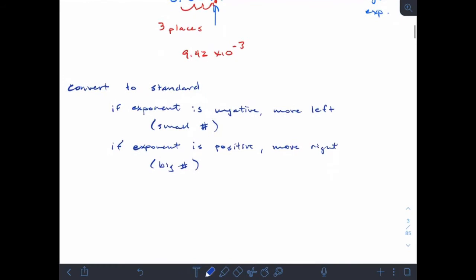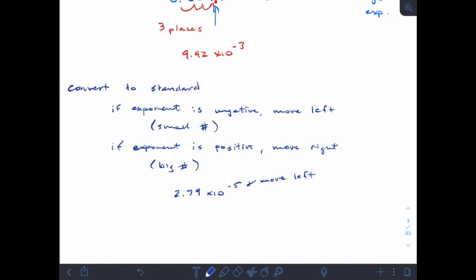All right, so if my number is 2.79 times 10 to the minus 5, right? So it's a negative exponent, so I'm going to move left.